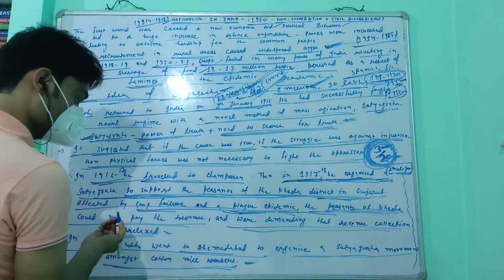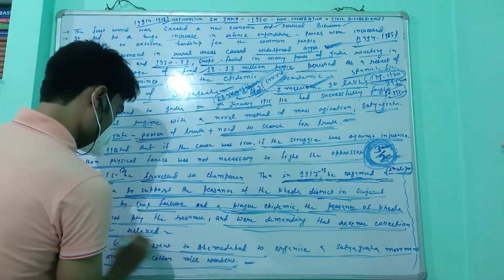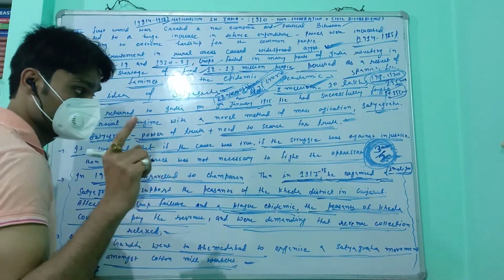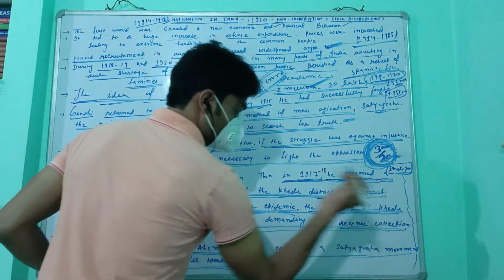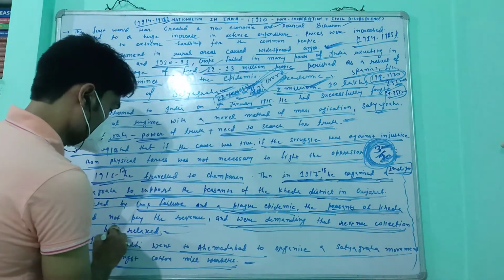You see here, the demand was that revenue collection be relaxed. So that was the demand of the peasants of Kheda district, that their collection of revenue be relaxed.